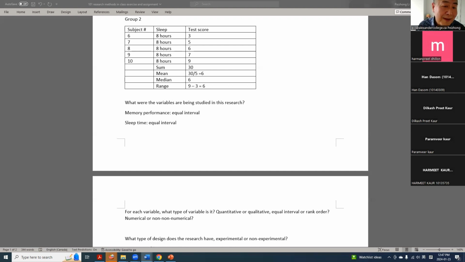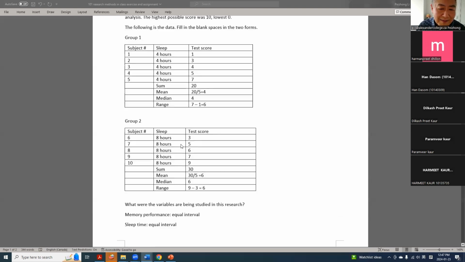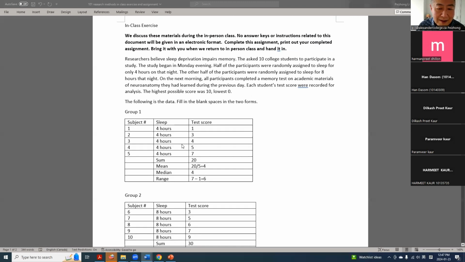Oh, mean. Oh, mean. So how to calculate the mean? The mean is average. The average. So here, how to get the mean? First, before you get the mean, you get the sum. The sum is you add everything up. So here the sum is 1 plus 3 plus 4 plus 5 plus 7 equals 20.